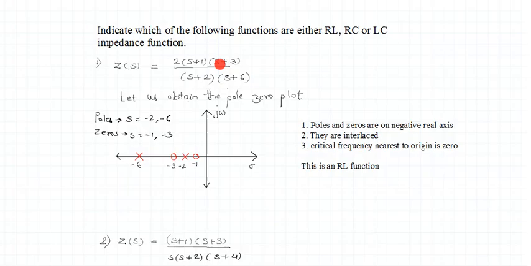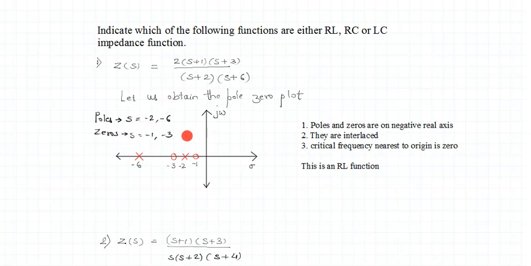Now let us equate the numerator to 0. By equating the numerator to 0, the zeros of the system are -1 and -3.